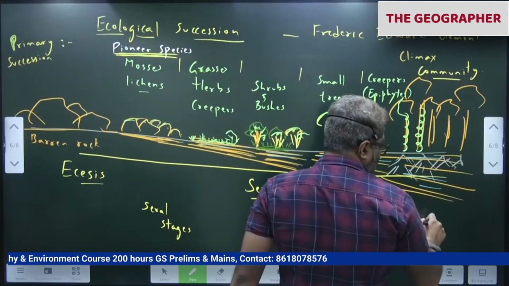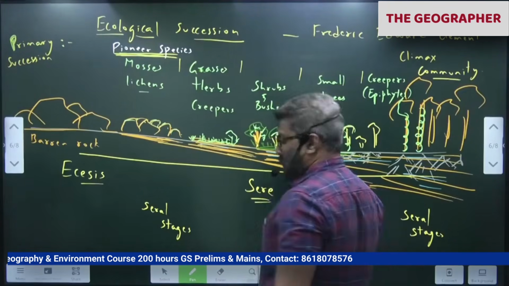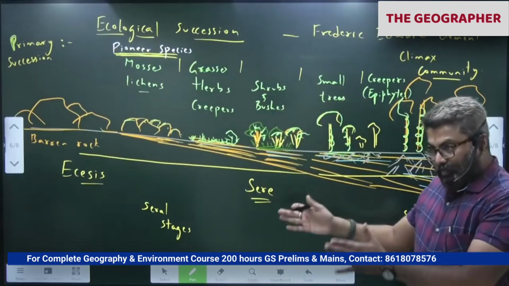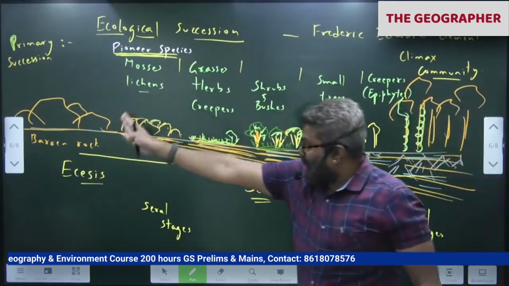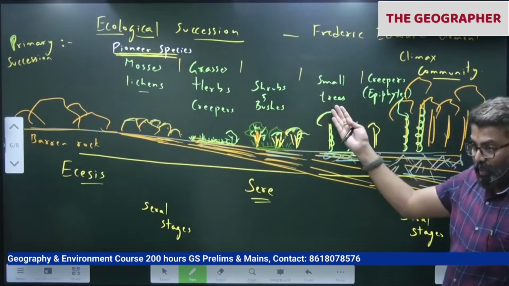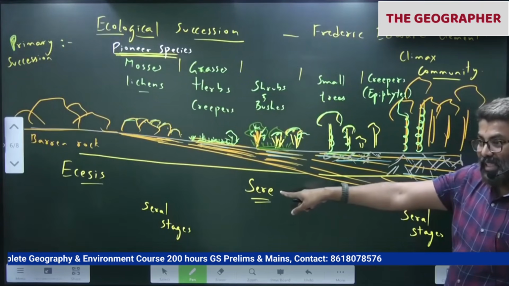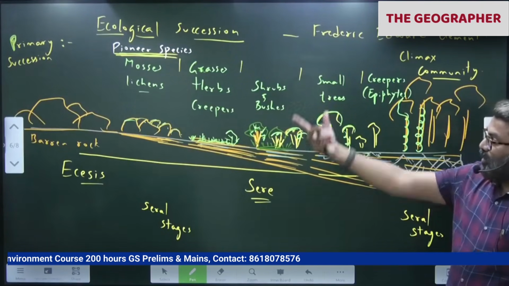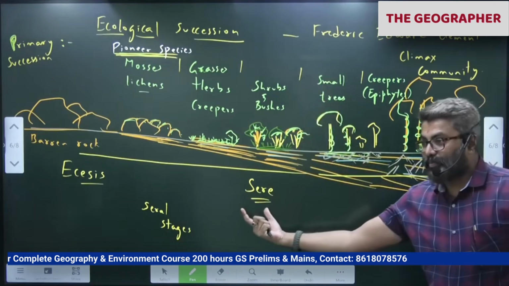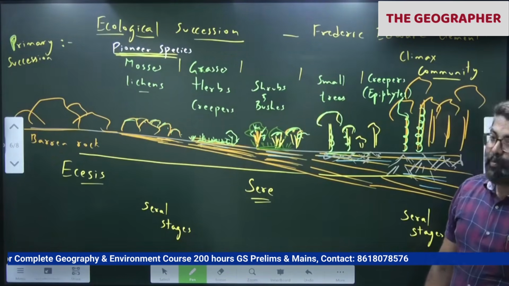Each of these individual stages is a seral stage. From starting till now, how various species evolved, replacing one another, that entire process is called sere. Sere is a short form for ecological succession, in simple words.